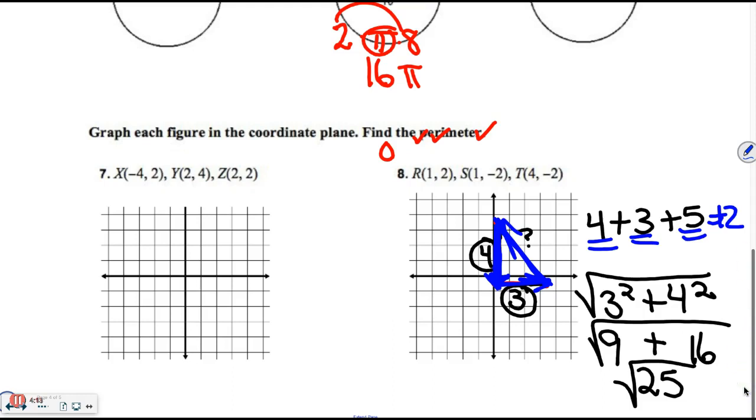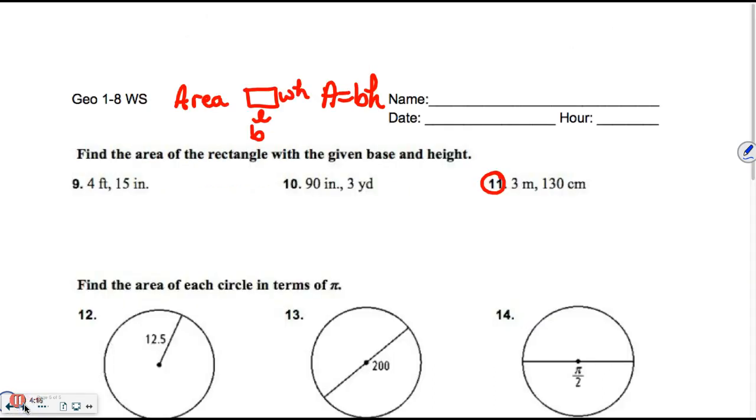So on the next page, remember the area of a rectangle is base times height, but be careful because we have to have the same units. So remember there's 12 inches in a foot, so that's going to have to get multiplied by 12 if you want to go all inches. Okay? So there are 100 centimeters in a meter.